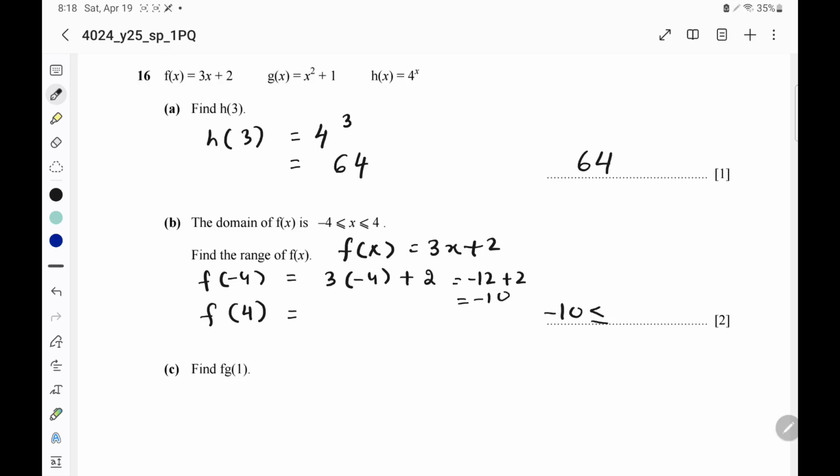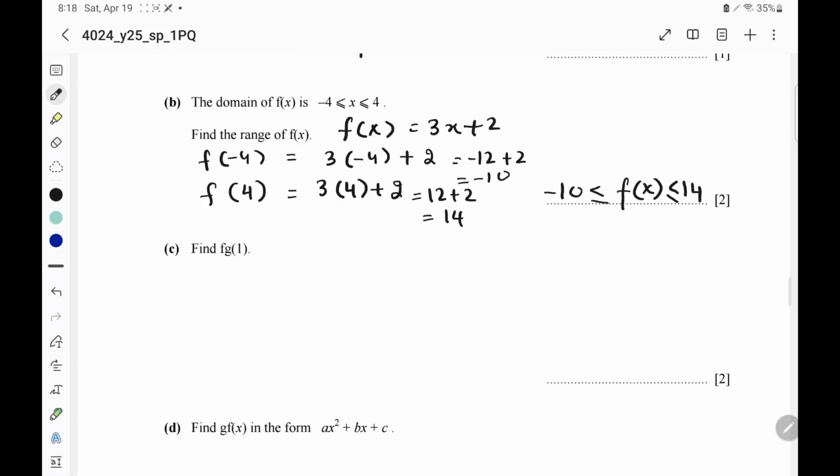Minus 10 is less than or equal to f(x). Then afterwards, f of 4. So 3 times 4 is 12 plus 2 is equal to 14, less than or equal to 14. This is the answer for this part.